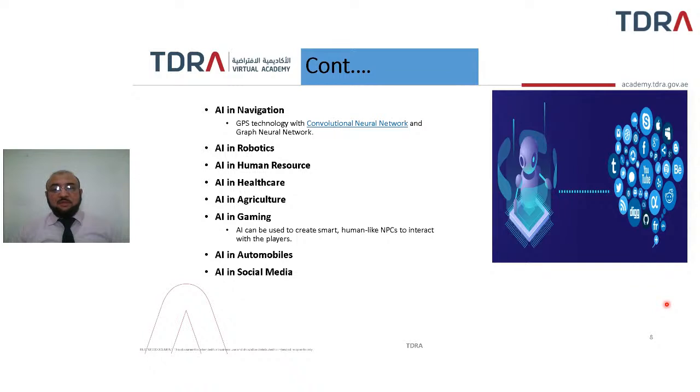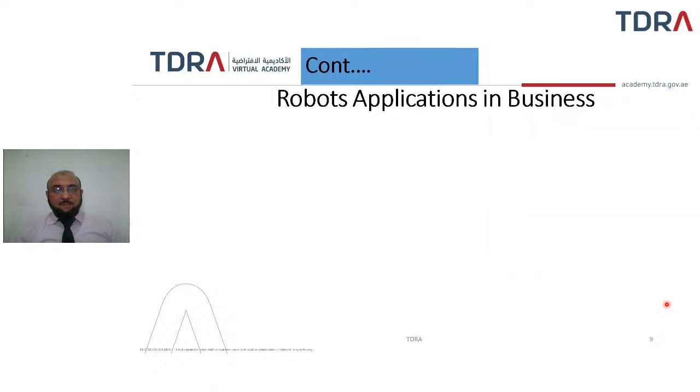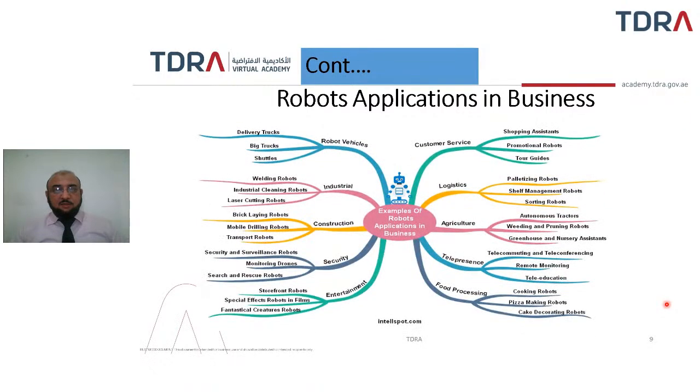There are so many social media software in which AI is used, and those software are helping us. Then we will discuss some robotic applications in business, like robot vehicles, delivery trucks, big trucks, shuttles.